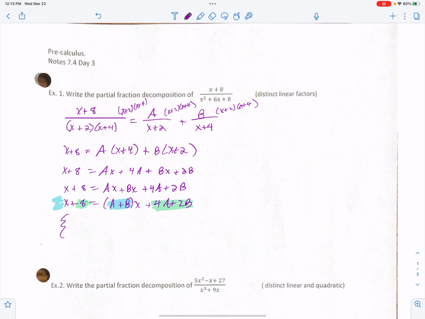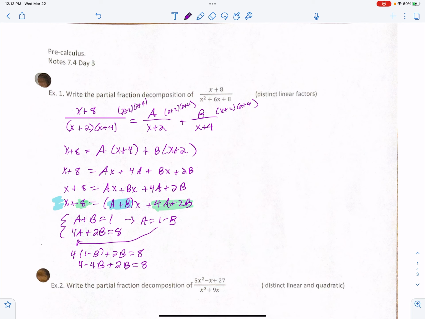So then I set up the system. A plus B has to equal 1, and 4A plus 2B has to equal 8. And then solve that however you want. If I solve the top one for A, I get 1 minus B, and substitute that in for A in the second equation and just solve, I'm going to get 4 minus 2B equals 8.